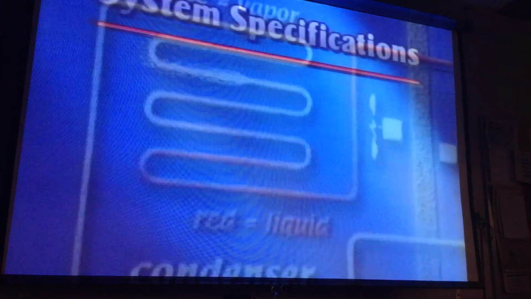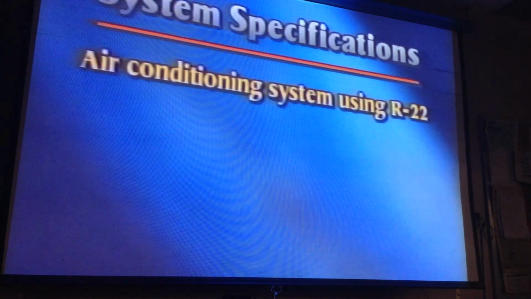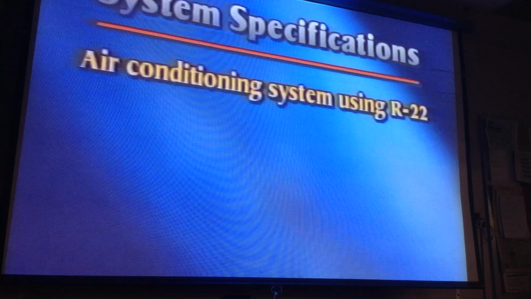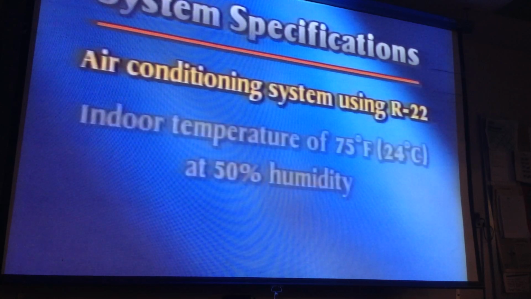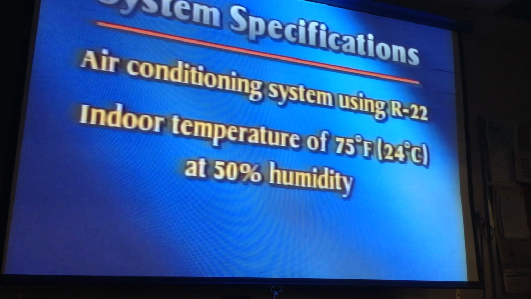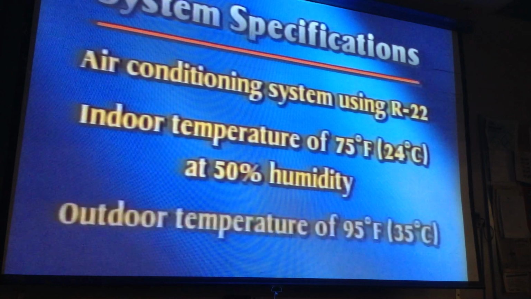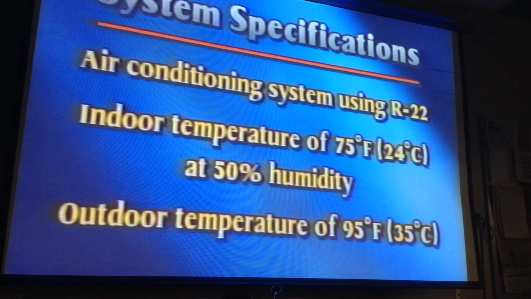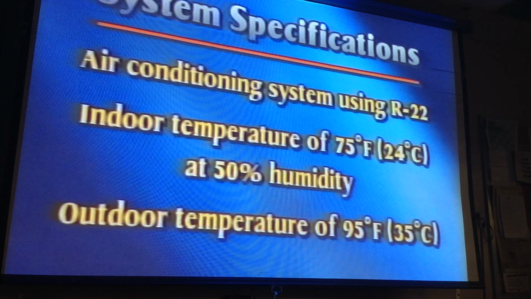Our discussion is based on the operation of a typical air conditioning system using R22, an indoor temperature of 75 degrees Fahrenheit at 50% humidity and an outdoor temperature of 95 degrees Fahrenheit.